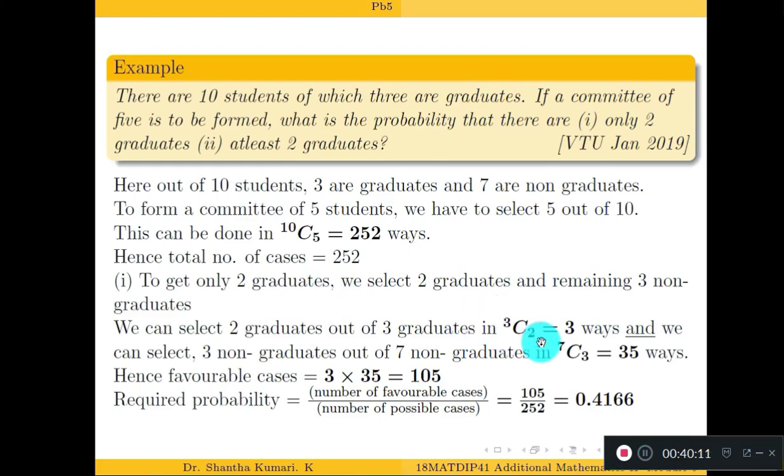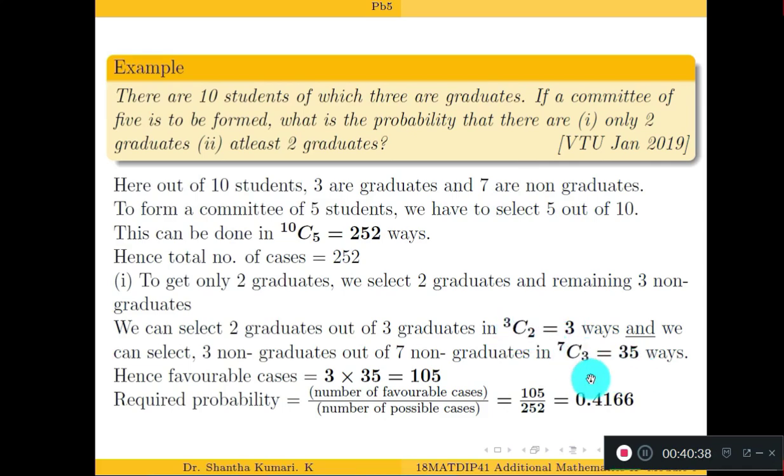Selection. And I have underlined the word 'and' here purposely. 'And' means we multiply. Remember, 'and' means we multiply. So one is this possibility, and we can select 3 non-graduates out of 7 non-graduates. So it can be done in 7C3 ways, that means 35 ways.